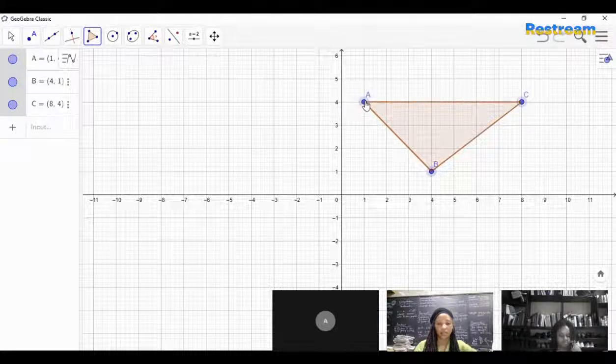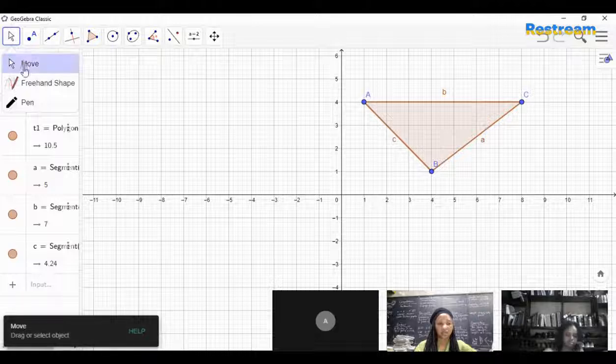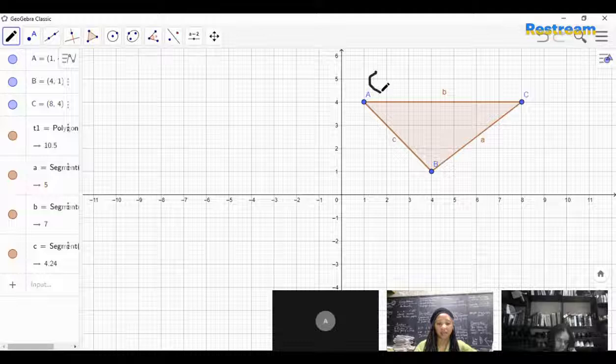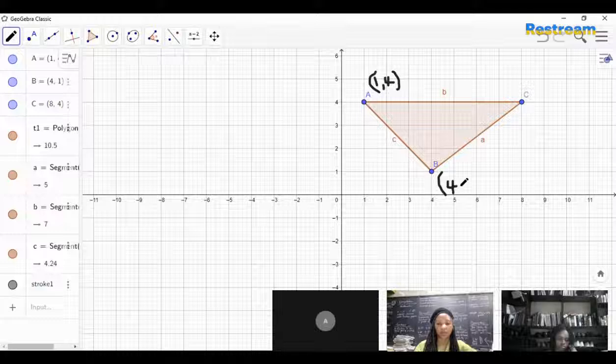All right. So give me the coordinates. Okay, miss, for A, is it 1, 4? 1, 4. For B, it's 4, 1. 4, 1. And for C, it's 8, 4.